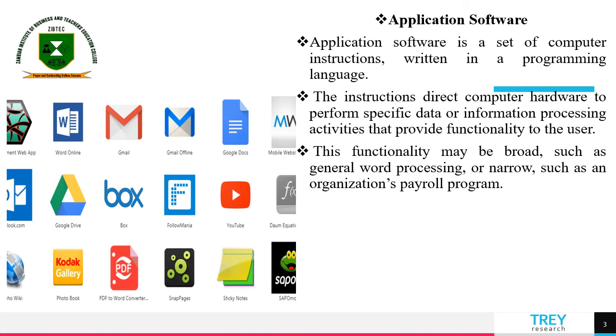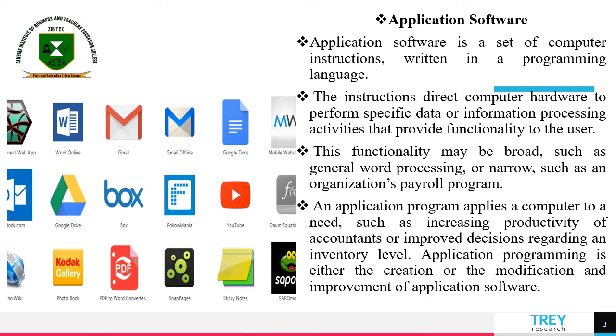An application program applies a computer to a need, such as increasing the productivity of accountants or improving decisions regarding inventory level. Application programming is either the creation, or the modification and improvement, of an application software.